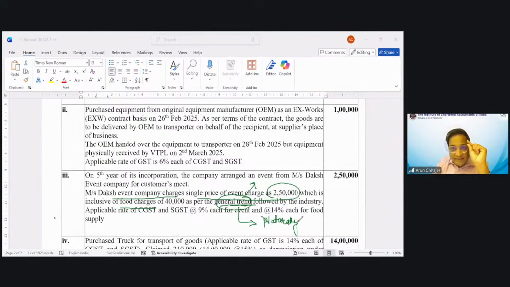See here, there are two or more supplies. One is event, one is food, but being clubbed, and it is general trend. Therefore, I can say clubbing is the naturally bundled, correct? And therefore, it becomes the composite supply.